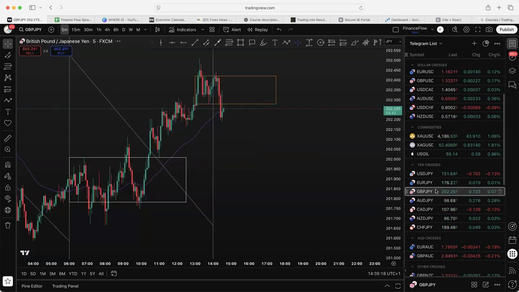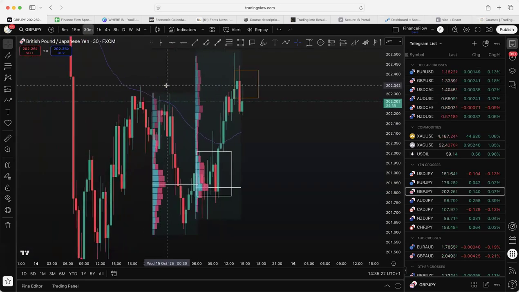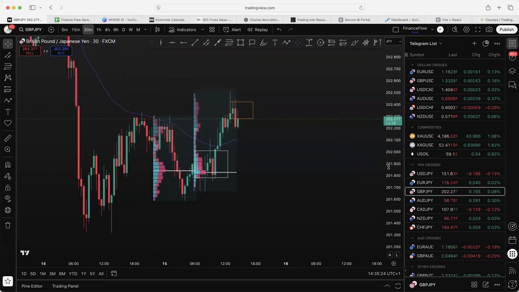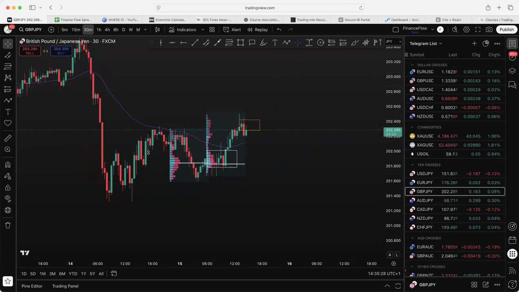Let's go to GBP JPY. I mean, this is a little bit messy, but looking at it as an overall trend, this is only the third minute. We're obviously a bit indecisive here.